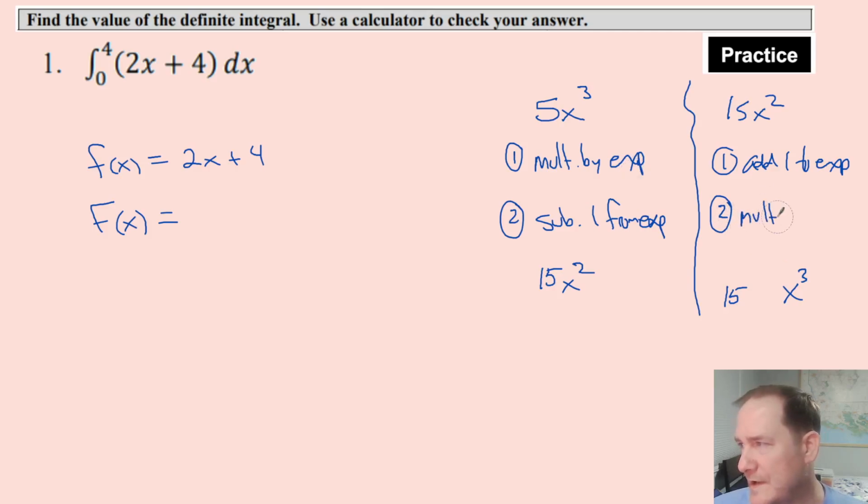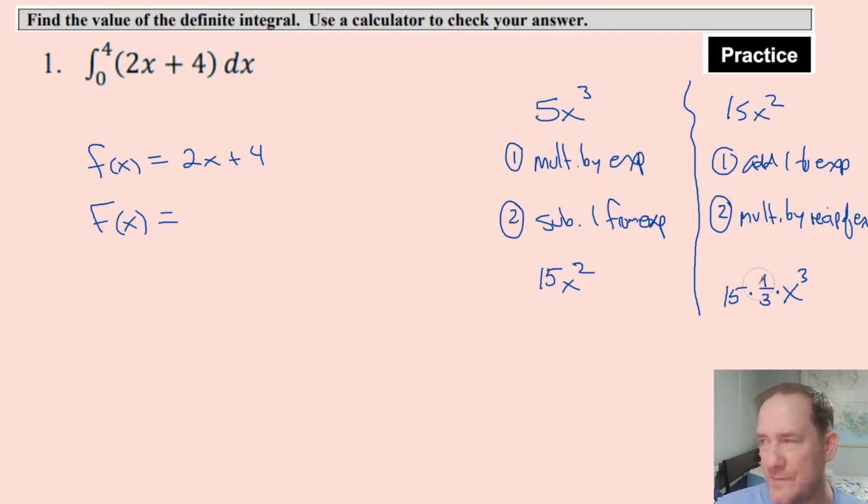So let's multiply by the reciprocal of the exponent, which means the new exponent, by the way. So not the 2 that we started with, but after adding the 1 and getting to 3, we'd want a factor of 1/3 here. And then you can simplify. 1/3 of 15 would be 5. So according to those rules, 5x cubed would be our antiderivative.